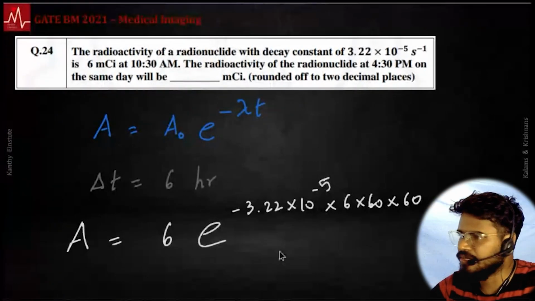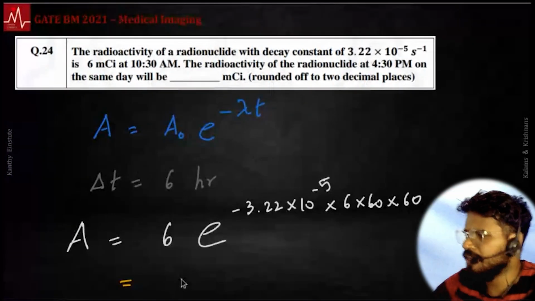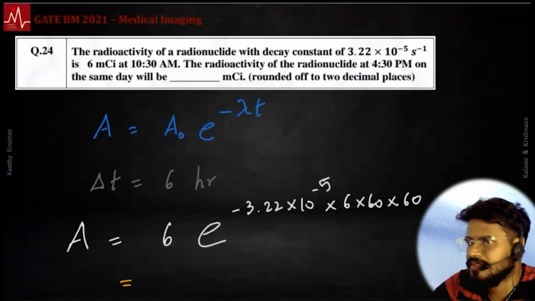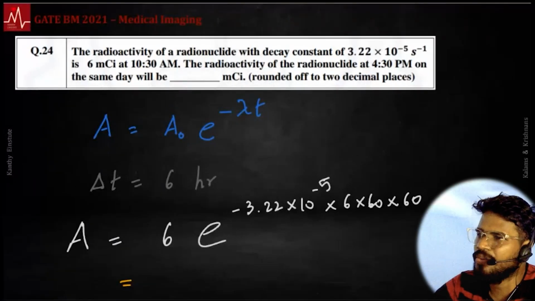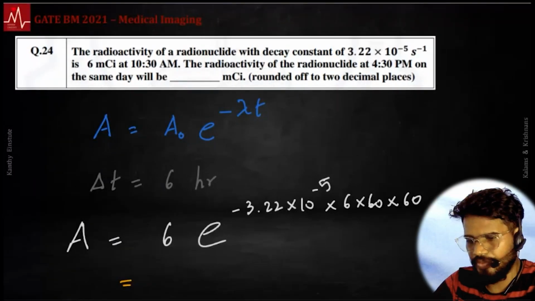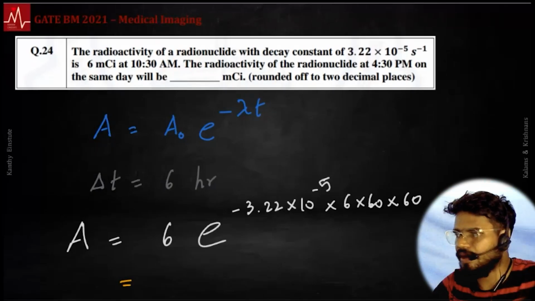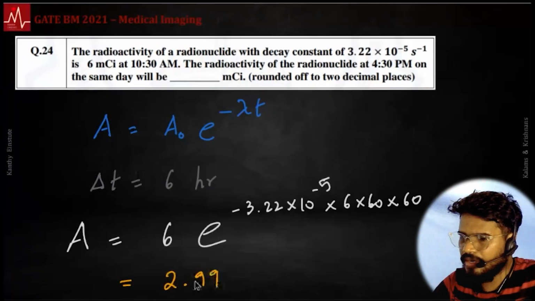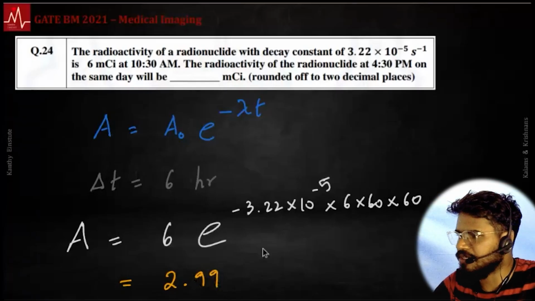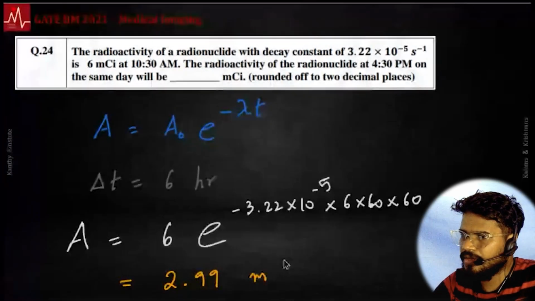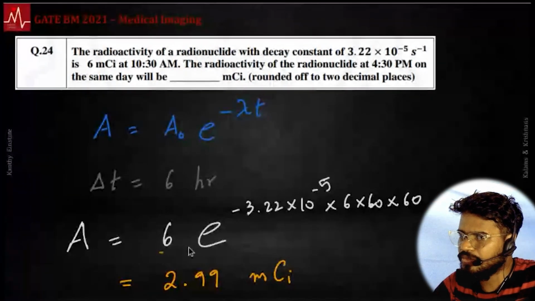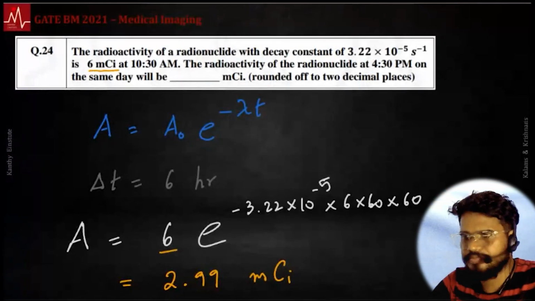And the answer, I suppose, is 3 millicuries. I get this to be 2.99 up to 2 decimals, 2.99 millicurie, where I inherit the units of 6 millicurie. Fairly easy.